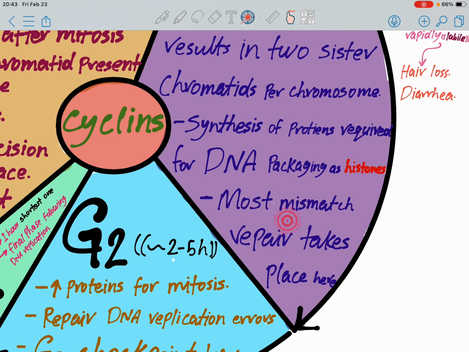That means when a base of DNA is not connected to the right, corresponding one, it must be repaired in this phase. For example, if the cytosine is connected to thymine, not to guanine, it must be corrected before moving to the next one.